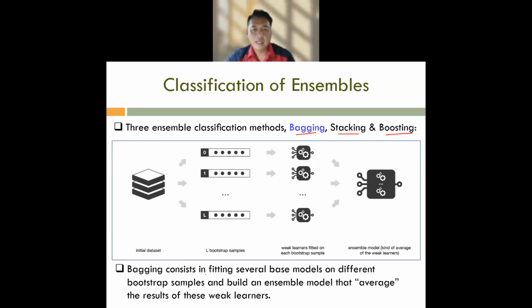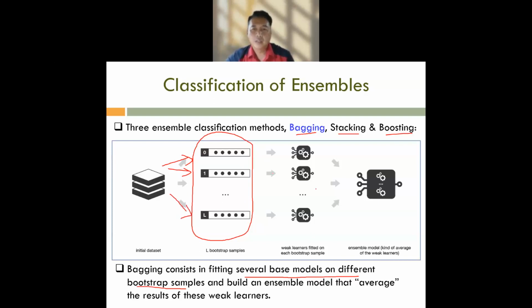Bagging consists in fitting several base model on different bootstrap sample, meaning that you will get different type of data set. So your initial data set will be divided into a few chunk. Okay, so they are all different data set.